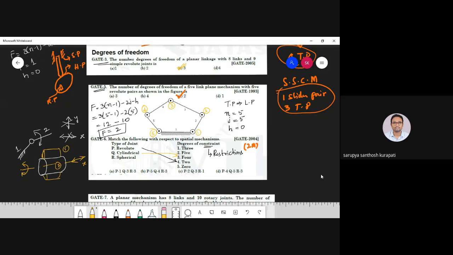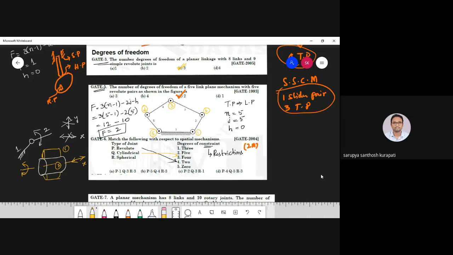Can you move along the y-axis? Translation motion, do you have it in your head? No. Along the z-axis, translation?